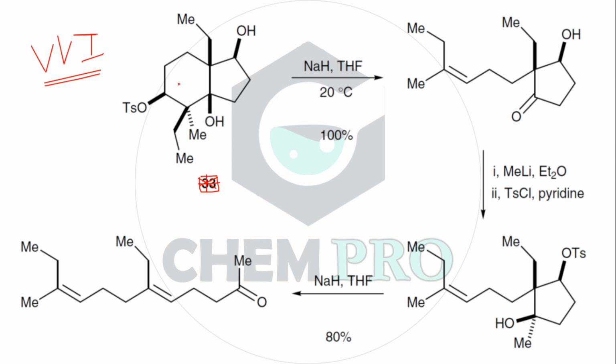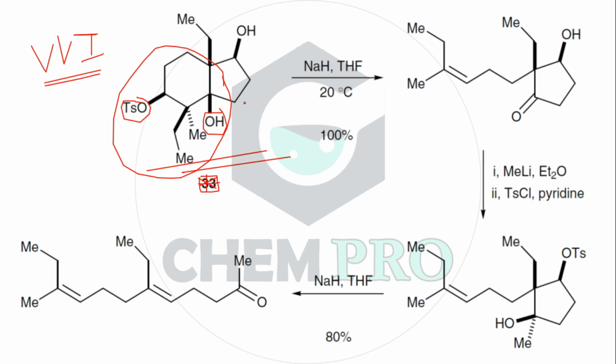So here is a system, and we can find a 1,3 difunctionalized system from this given substrate. Here this is the electron donating group, and this is the leaving group.